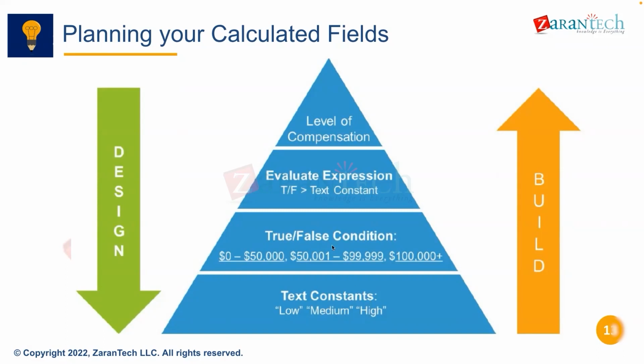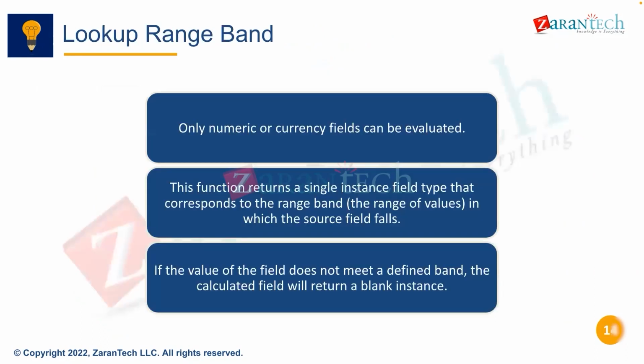True and false condition will be the same for fewer folks. Evaluated expression will be the same for even fewer folks, and level of comp will be the same for very few folks, right? So when you do a top to down approach, how do you define your calc fields? How do you put them? How do you design your calc fields? It's going to play an important role as well. So we'll see it once we move to that section.